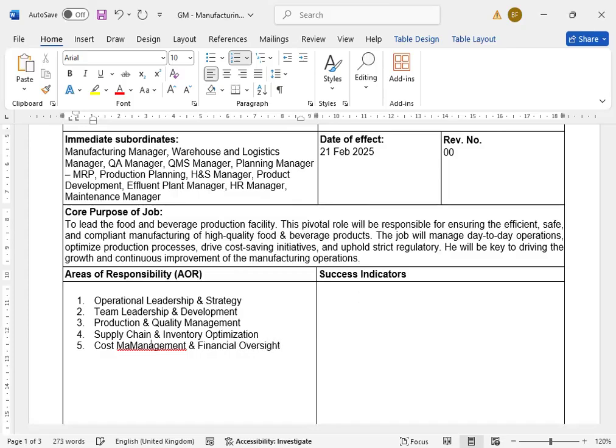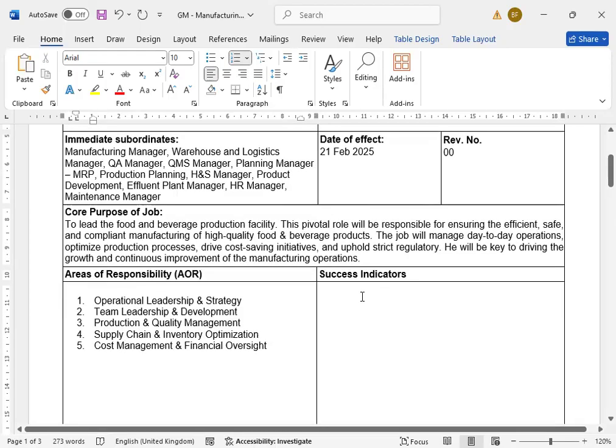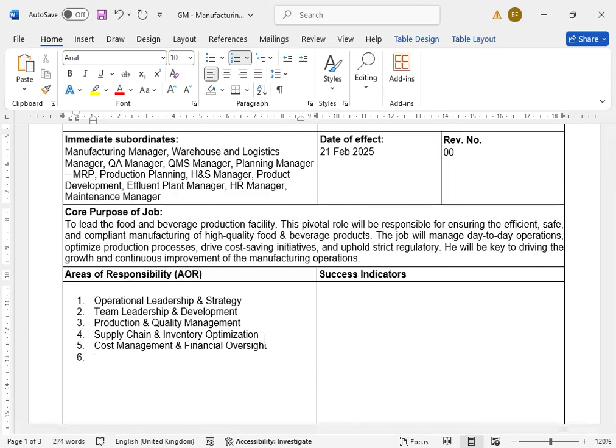Okay. I'm just gonna delete these two letters. All right. So as I promised to you, I'm gonna make 6 important key responsibilities for this role, and the last one would be for regulatory compliance. We should not forget this because this is very important.